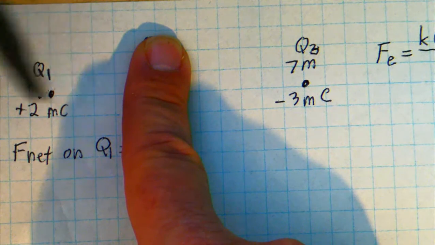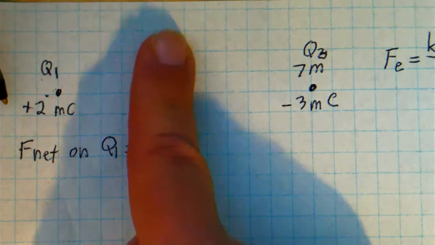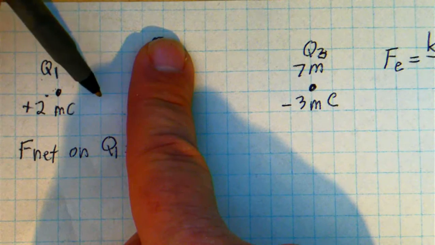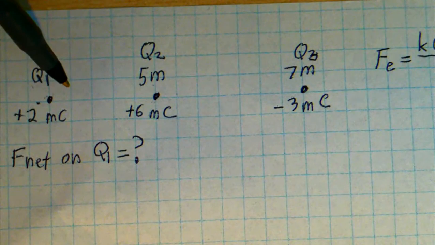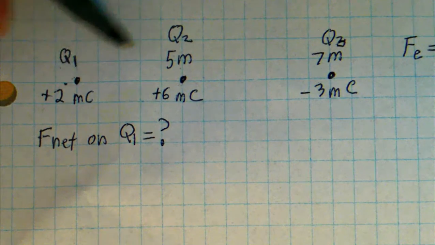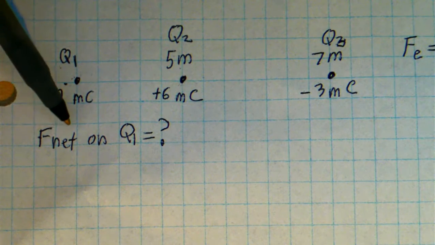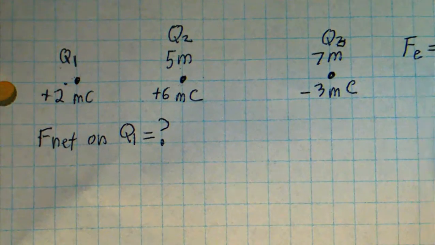I'm going to end up with an arrow pushing to the left from Q2 and an arrow pulling to the right from Q3. I add those two arrows together, meaning they're vector sums, and that will finally answer the question, what is the net force on Q1?